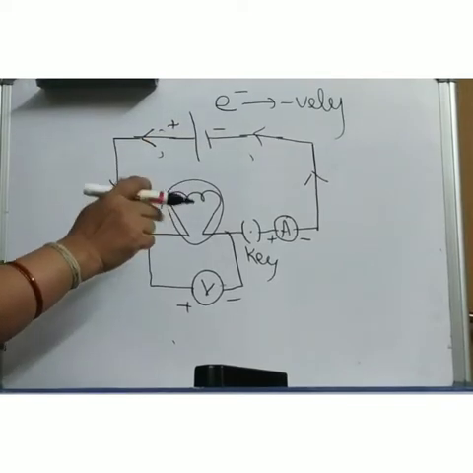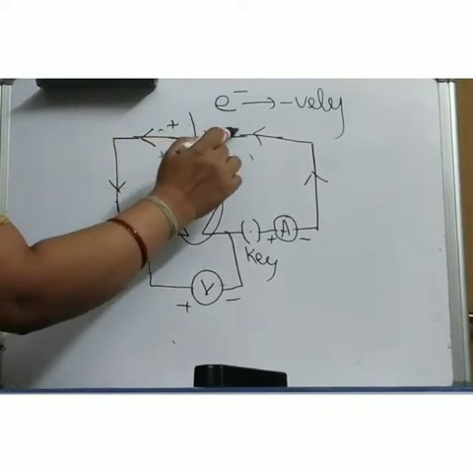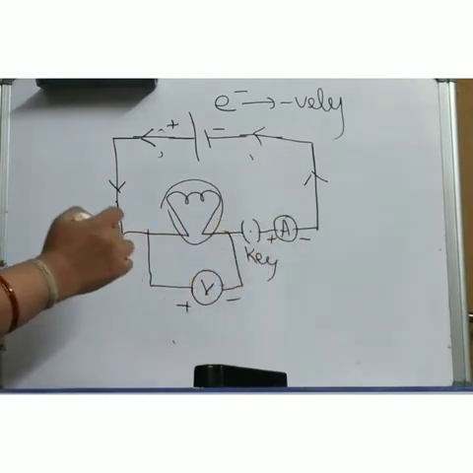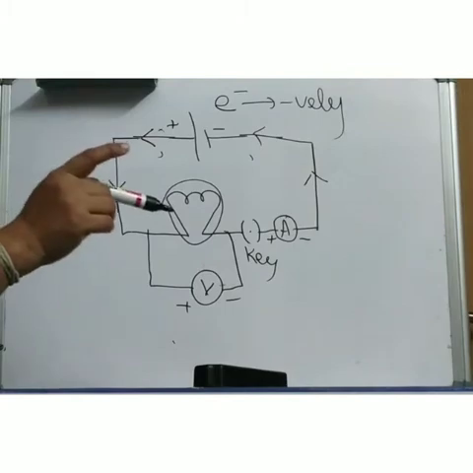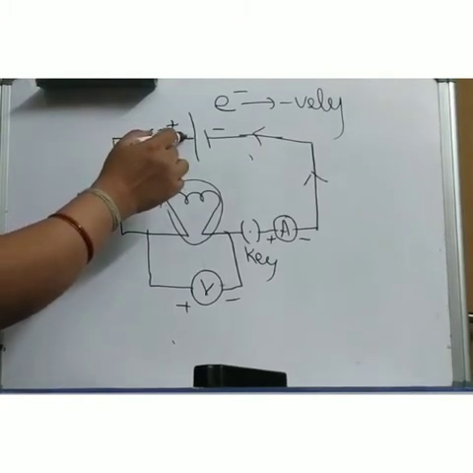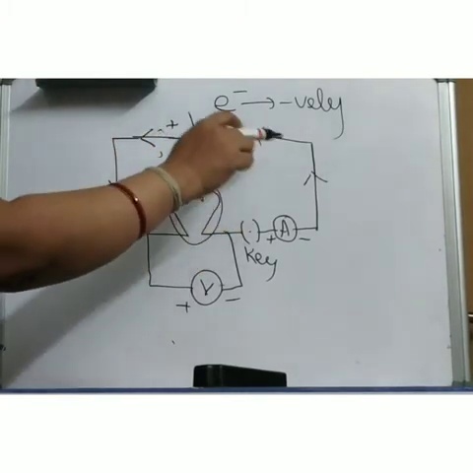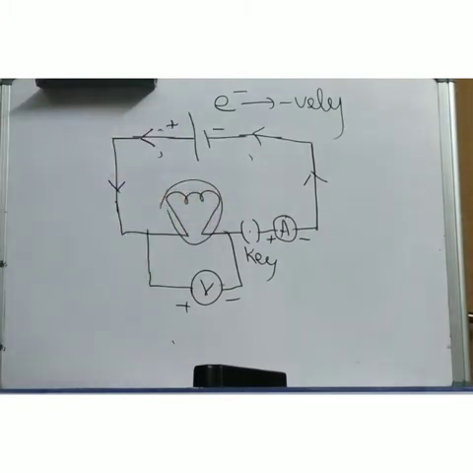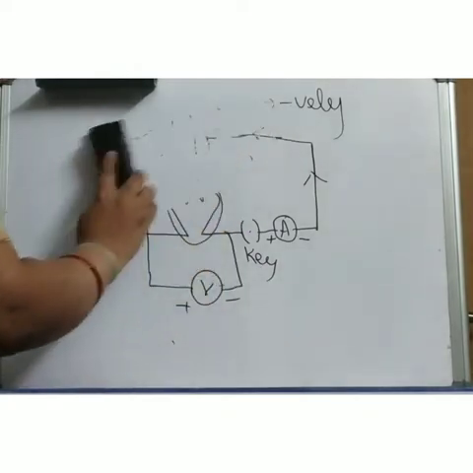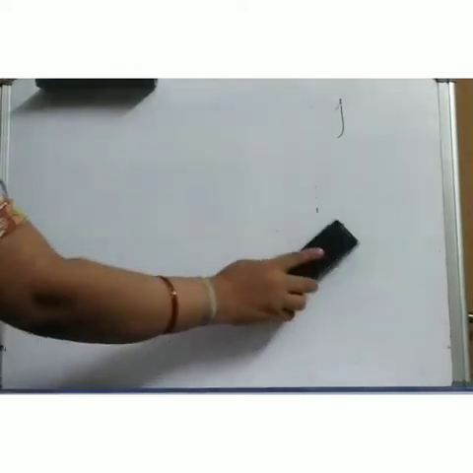That means your electrons will flow from the negative terminal to the positive terminal. But now observe, current is flowing just opposite to the electron flow, from positive to negative. So it is just opposite to the direction of flow of electrons. Why does current flow from the positive terminal to the negative terminal? Let us discuss.